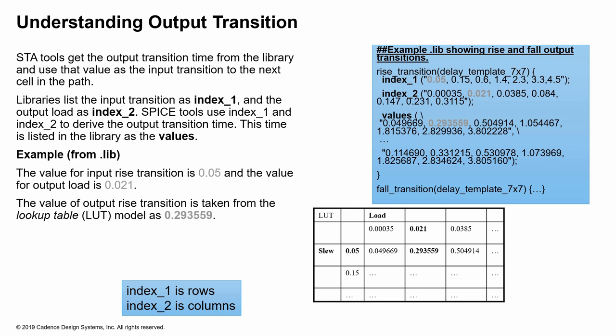The STA tools calculate the output transition times and slews from the library and use that value as the input transition to the next cell in the same path, or next stage. This is how we propagate the delays through the cells and find out the delays throughout the path, from the lookup tables of one stage to the next and so on.